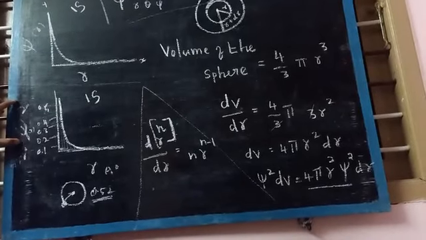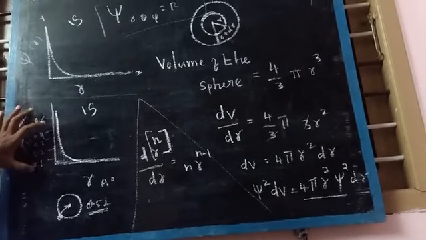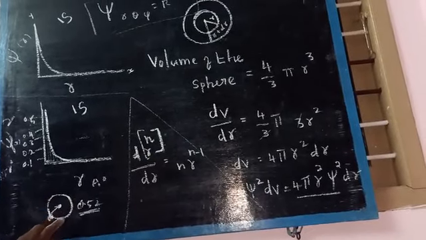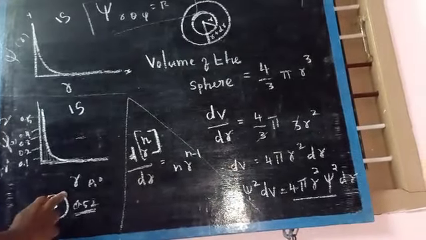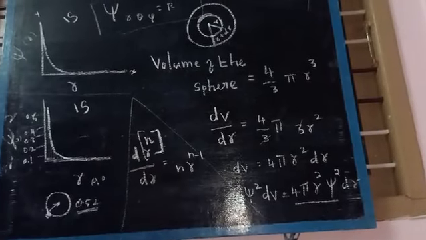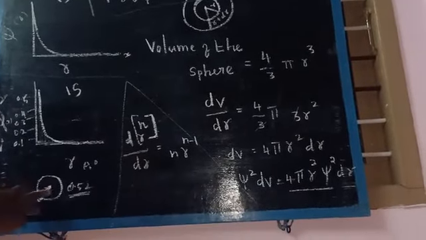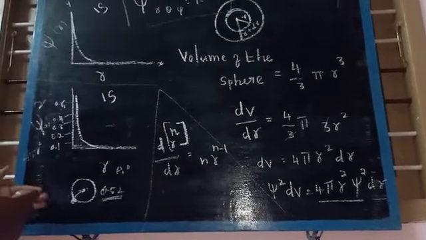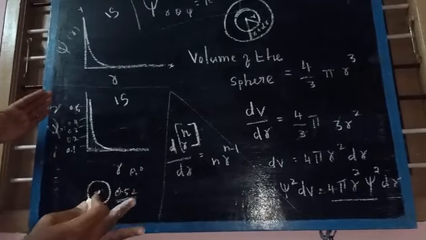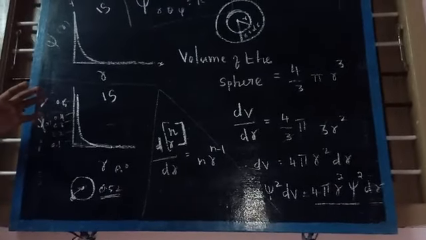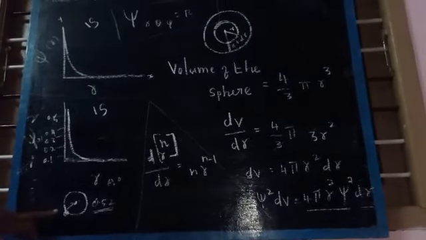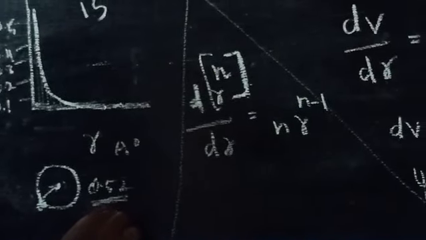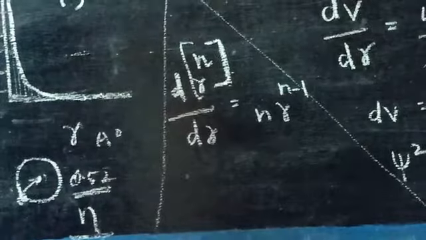From the probability density we come to the conclusion that the s orbital is a sphere. The electron has wave character, so it can be present anywhere. The density around the nucleus is more. In 2s and 3s the size is larger compared to 1s, so the size depends on the principal quantum number, the n value.